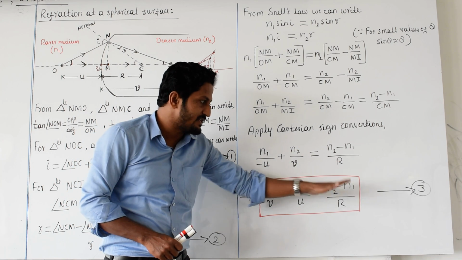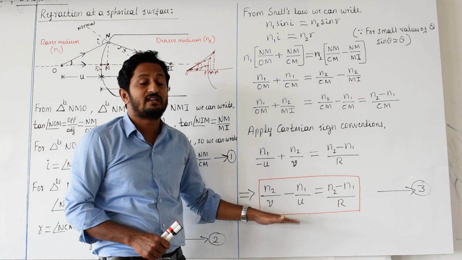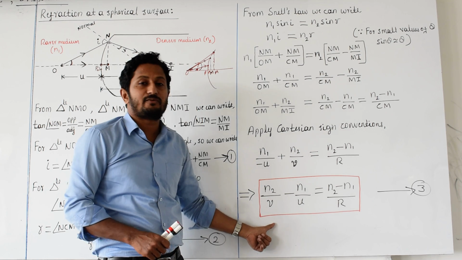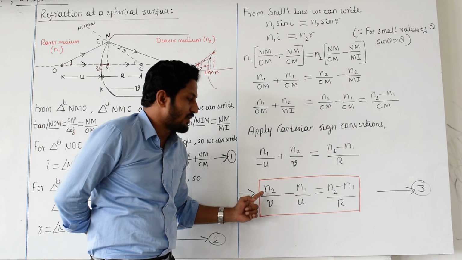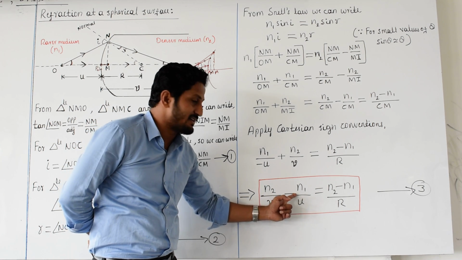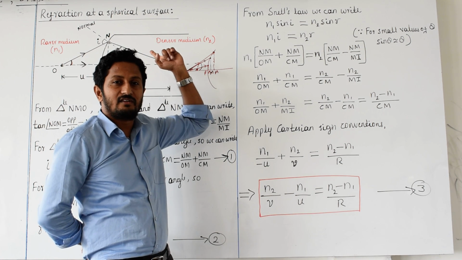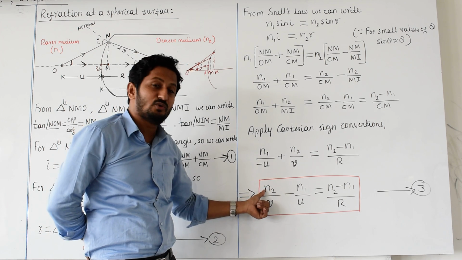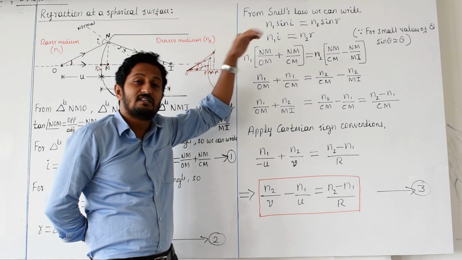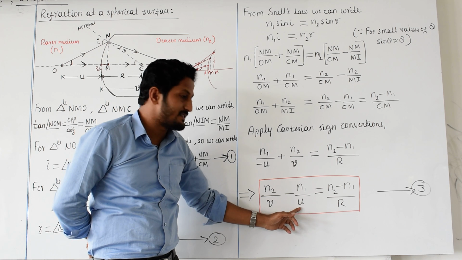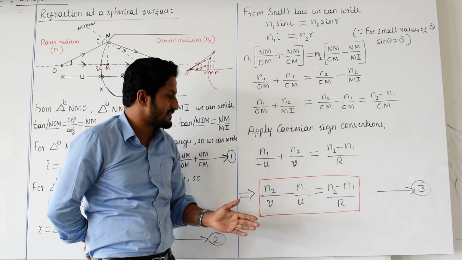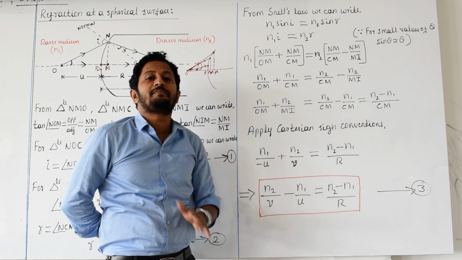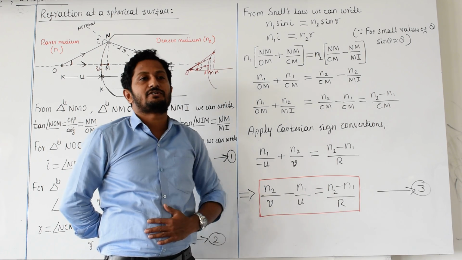This equation 3 is the final one, and according to this equation, look at this equation here. What are these N1 and N2? N1 is the refractive index of the first medium, and N2 is the refractive index of the second medium. U is the object distance, V is the image distance, and here R is the radius of curvature.